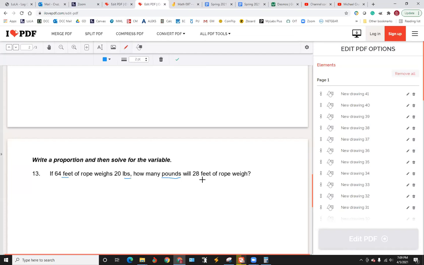There's pounds and there's feet. So there's 2 occurrences of feet and 2 of pounds. What I'm going to do is I'm going to put feet here and I'm going to put pounds here. That'll help me remember how to set up both of these because they have to be the same going across from numerator to numerator.